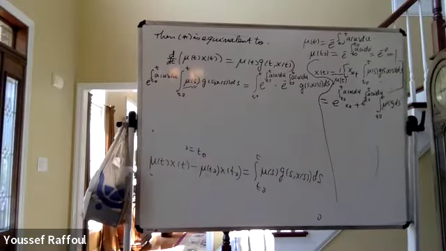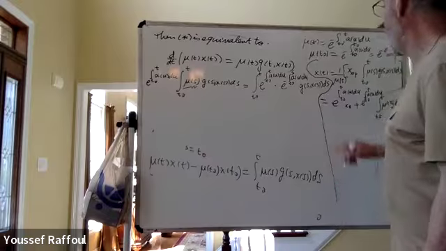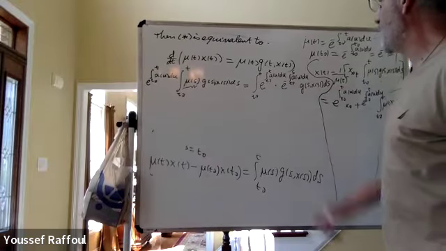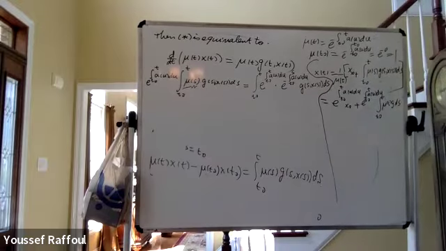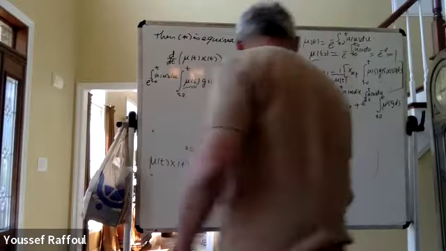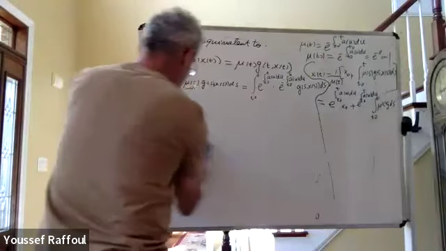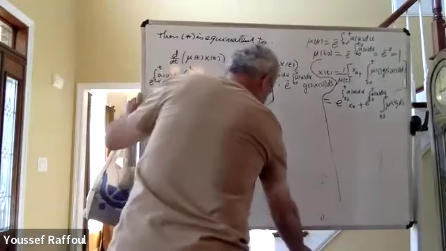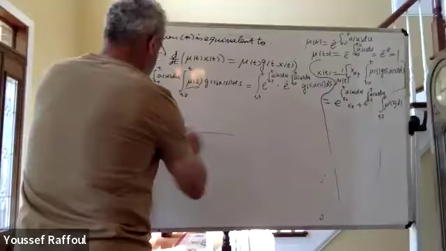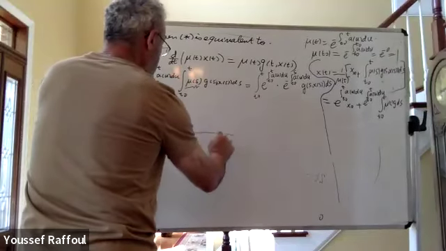Okay? Now remember, u is between t naught and t, and s is between t naught and t. So u is between t naught and s. So if I look at this one, this is t naught, this is s, this is u.